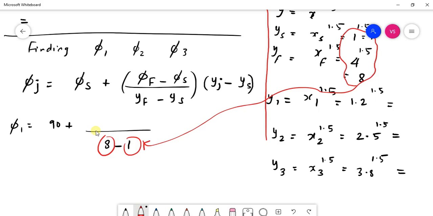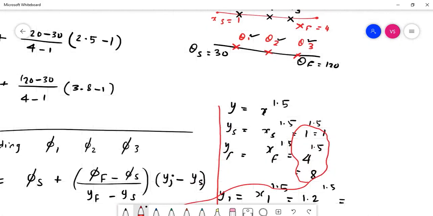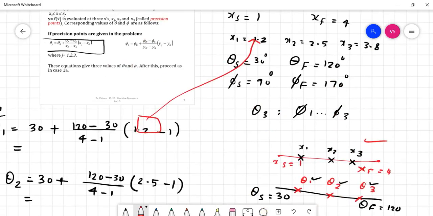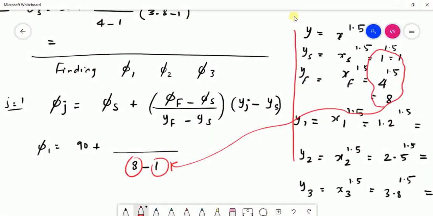And phi final is 170. So 170 minus 90 times. Now I am going to put j equal to 1.